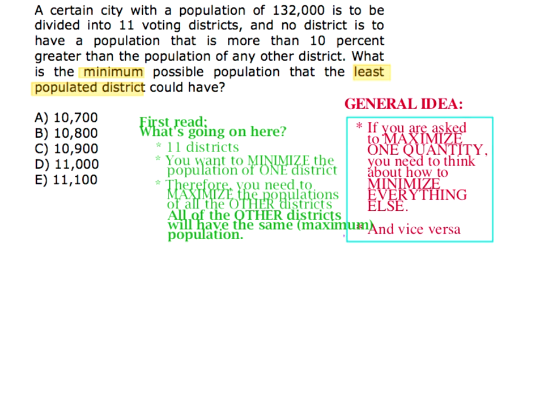But okay, let's just say we have our minimum district, and then we have 10 other districts.